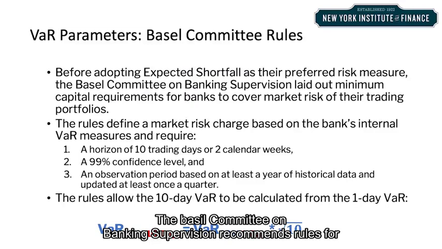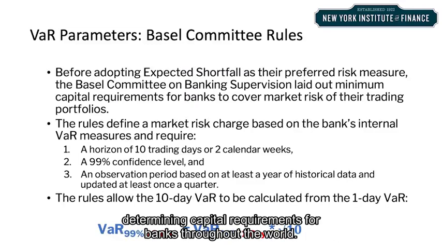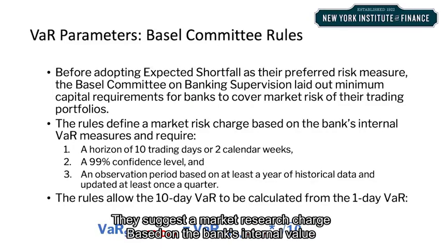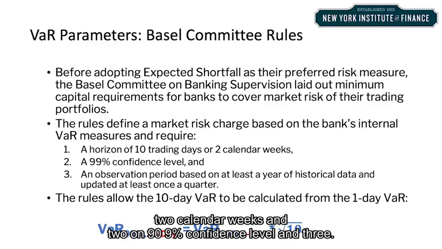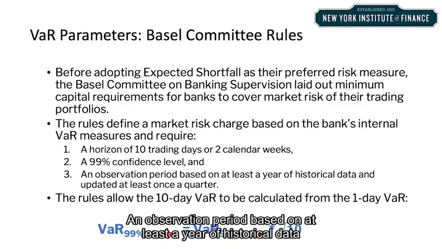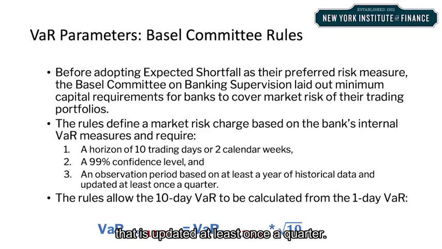The Basel Committee on Banking Supervision recommends rules for determining capital requirements for banks throughout the world. They suggest a market risk charge based on the bank's internal value at risk and require 1, a time horizon of 10 trading days or 2 calendar weeks, and 2, a 99% confidence level, and 3, an observation period based on at least a year of historical data that is updated at least once a quarter.